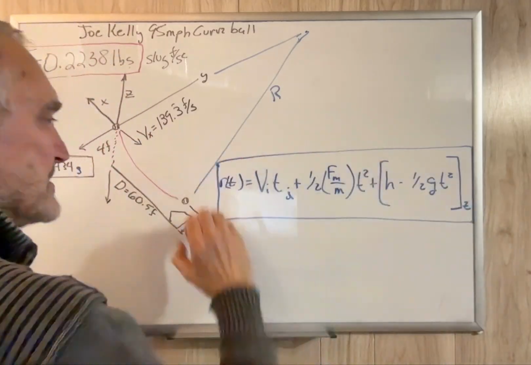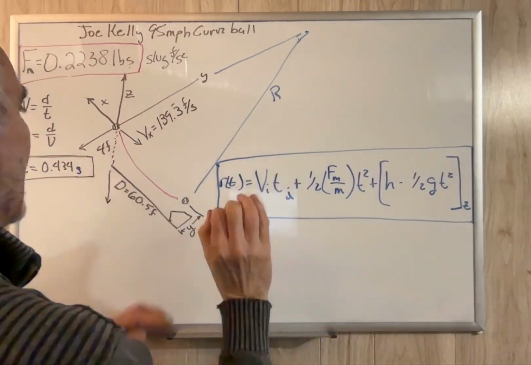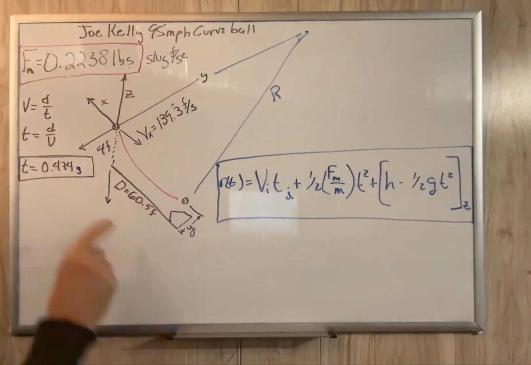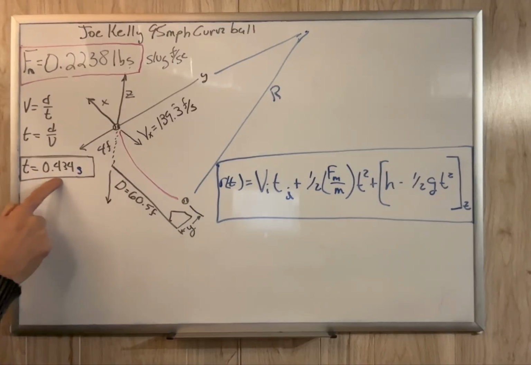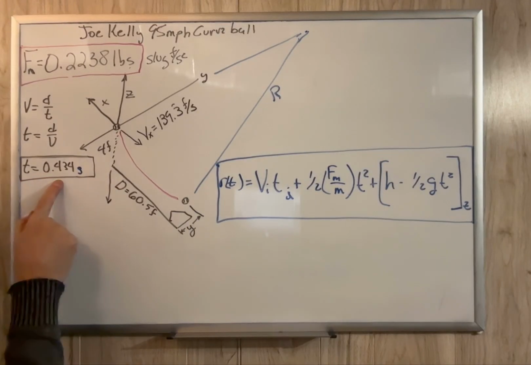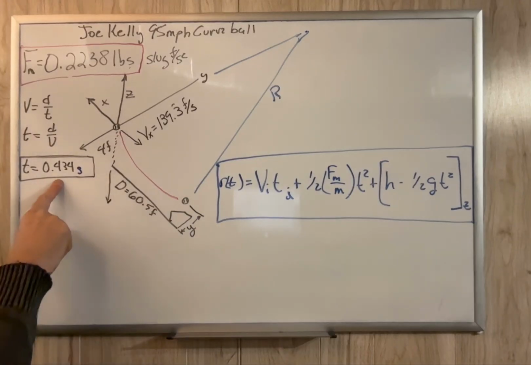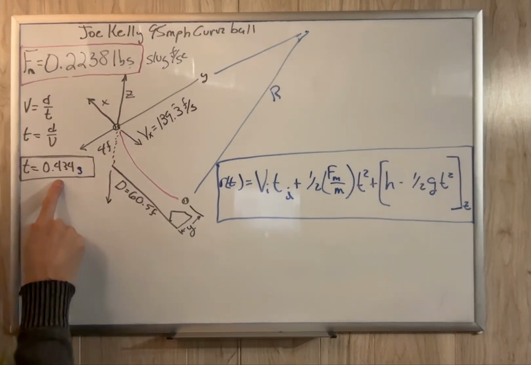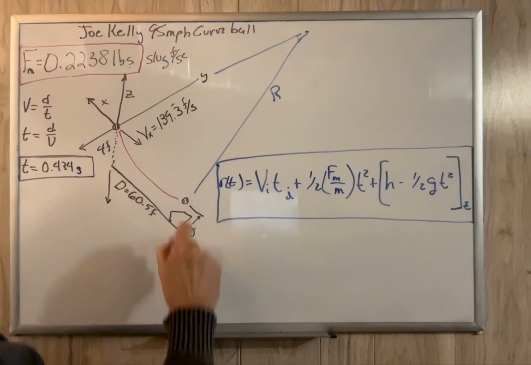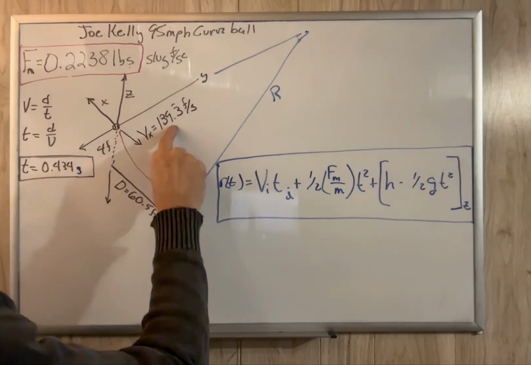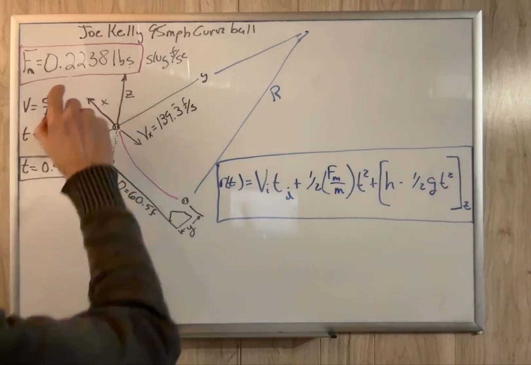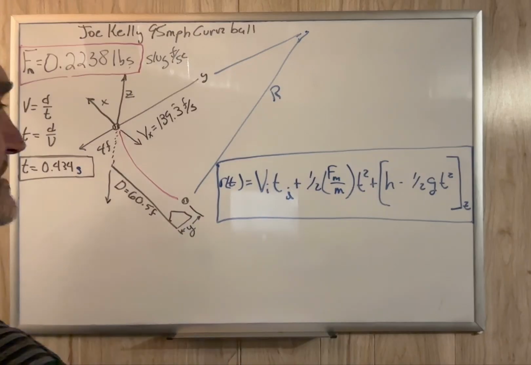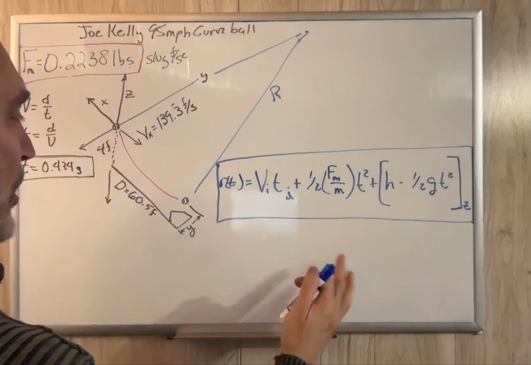This equation will tell you where the ball is at any particular time. So if we put in a time of 0.43 seconds, which is amazing that batters can actually hit a ball they only have 0.434 seconds to realize they're going to hit, and if you know the initial velocity and you kind of know the Magnus force, you can pretty much know where the ball is.